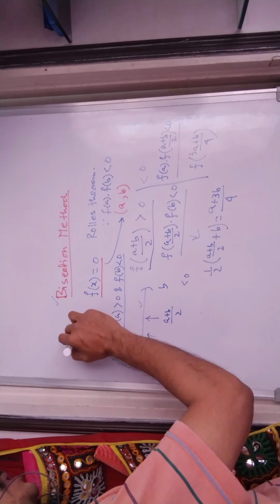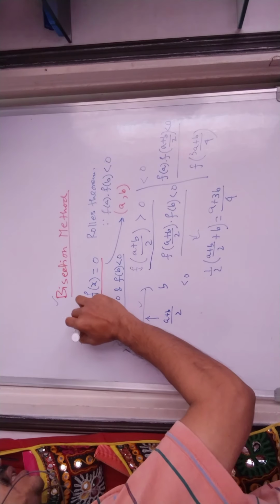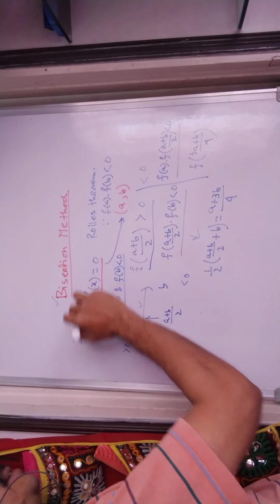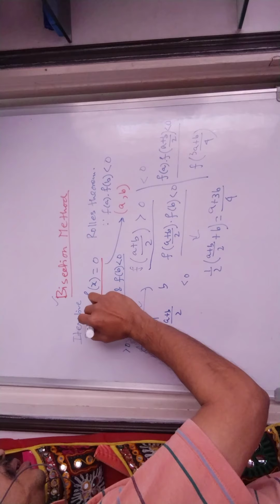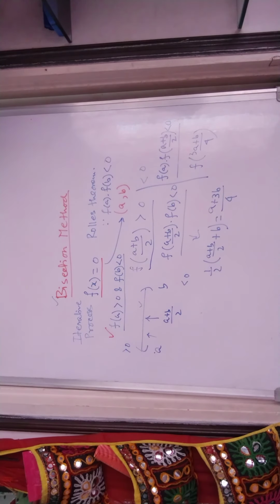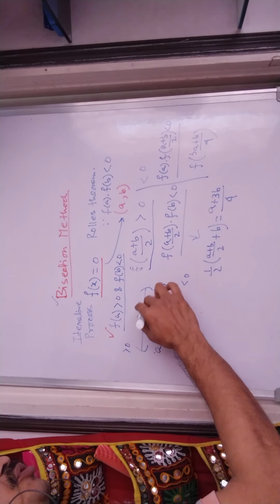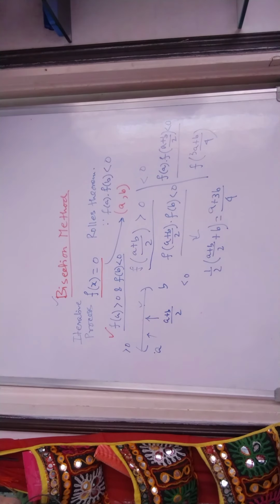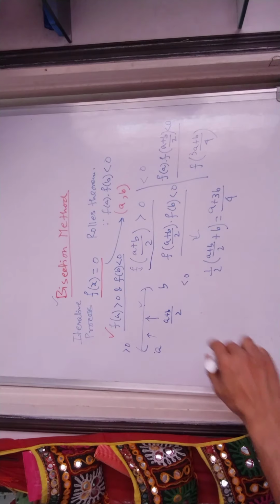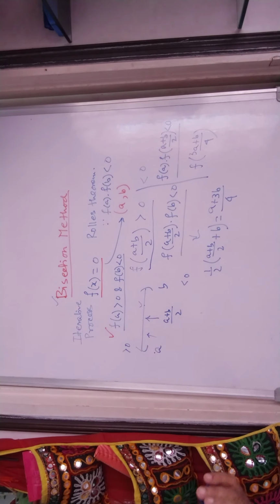It is an iterative process, a repetitive process, so that we reach the root of the equation. If we keep repeating, we would reach a point where we get the exact root, subject to a level of tolerance.